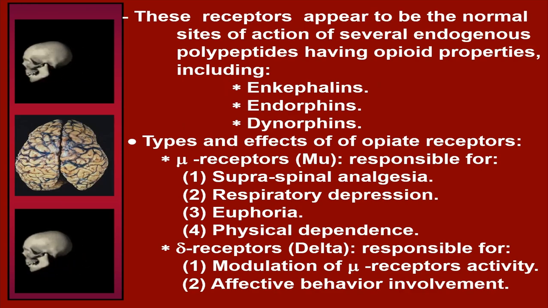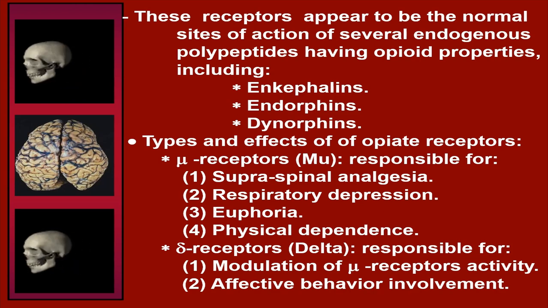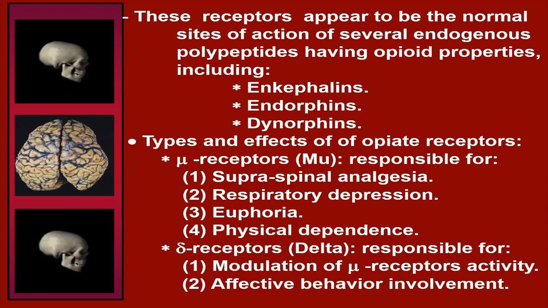Why are these receptors normally present? These receptors appear to be the normal site of action of several endogenous polypeptides having opioid properties, including enkephalins, endorphins, and dynorphins. The types and effects of opiate receptors are many.